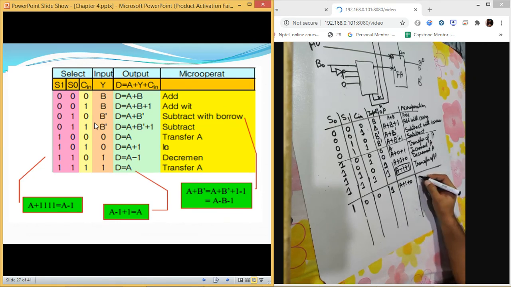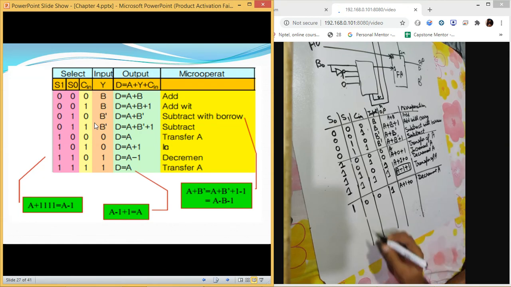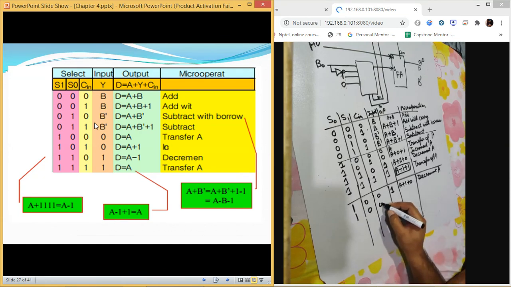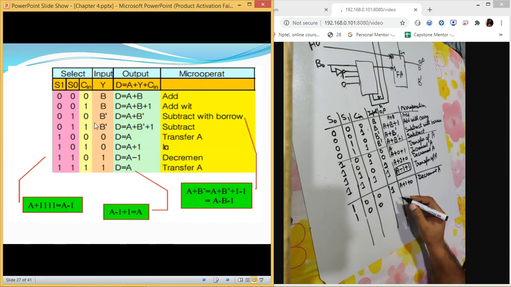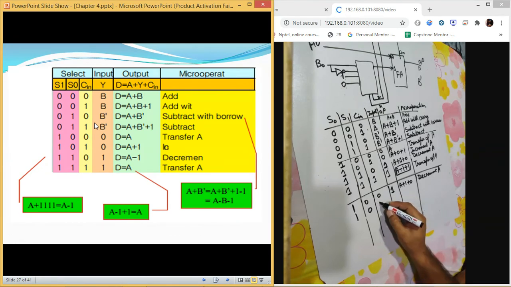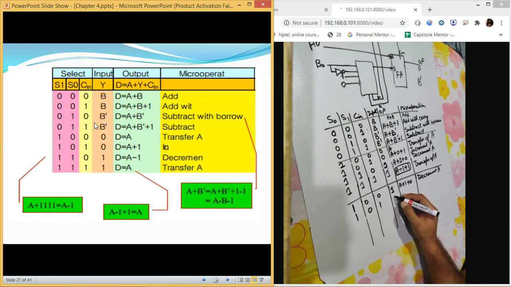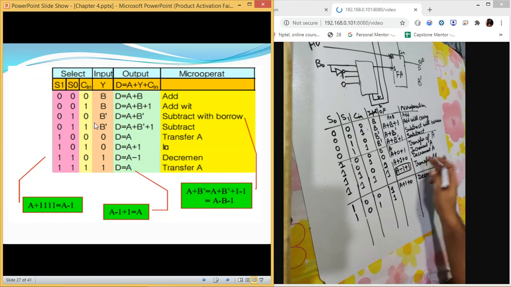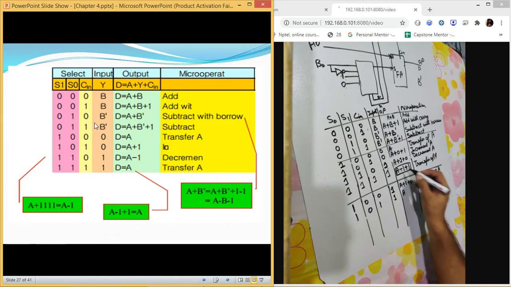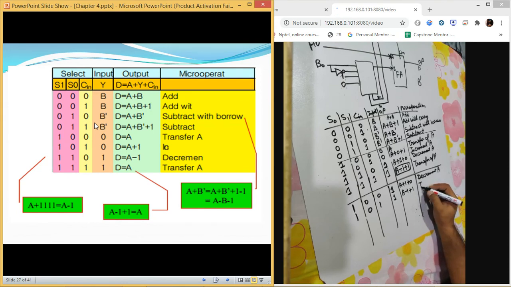So it will be simply the process of decrement. Then 1 0 1, and this value is 1. So it will perform A minus 1 plus 1. So that will be transfer of it.